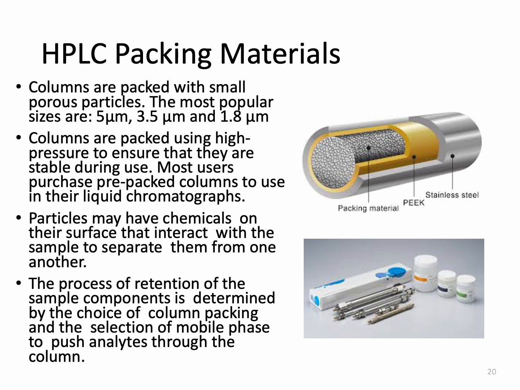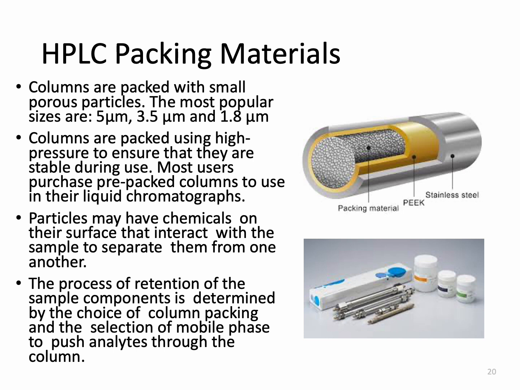Now let's talk about the HPLC packing materials. On the right side you can see a representation of a column, and in the middle you have the packing materials. This is again the stationary phase.